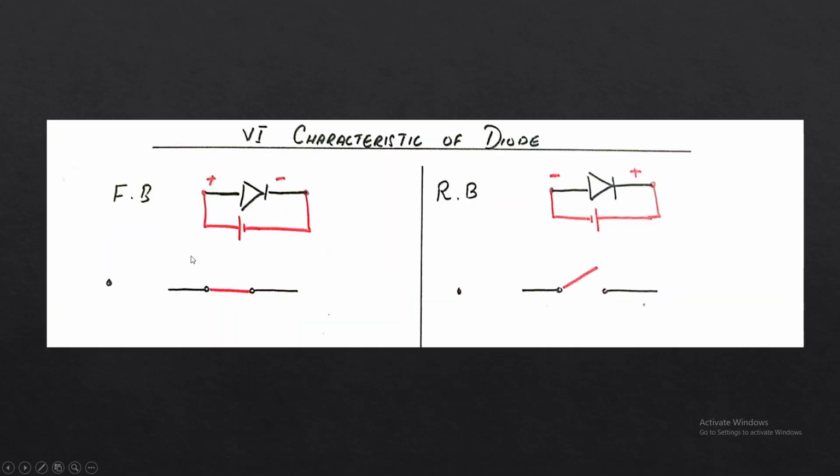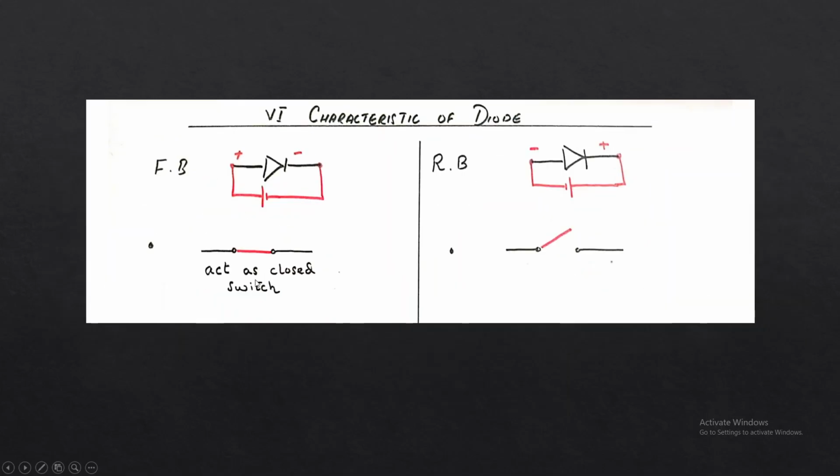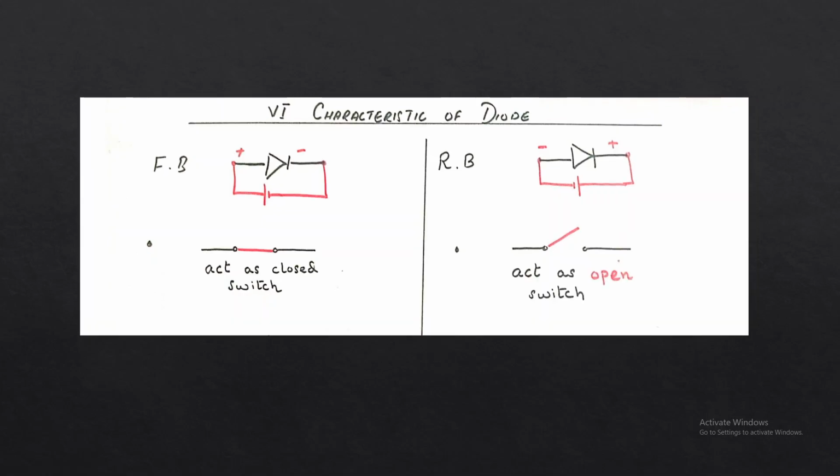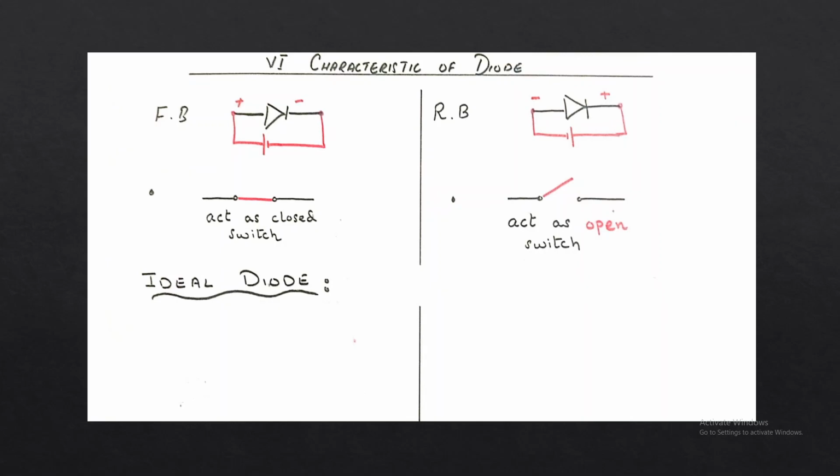In forward bias, the diode acts as a closed switch. When the switch is closed, current starts flowing, and when the switch is open in reverse bias, current stops flowing.